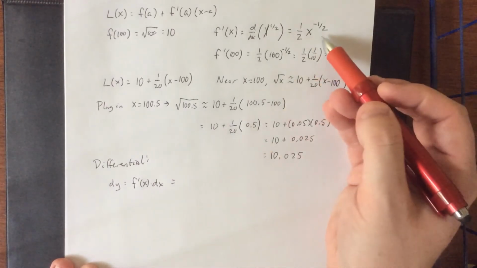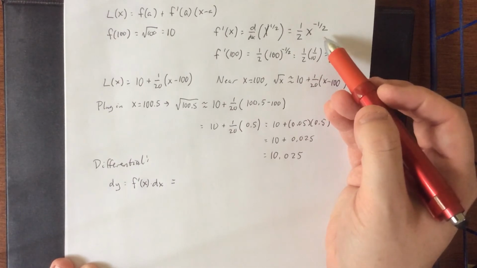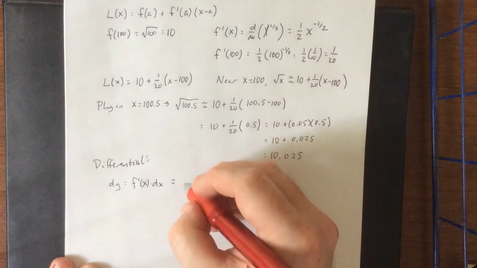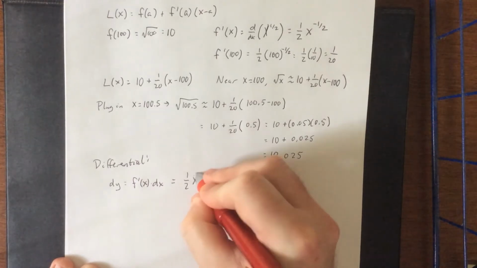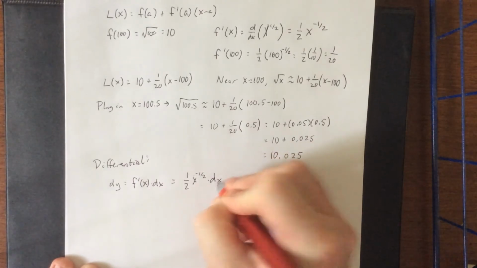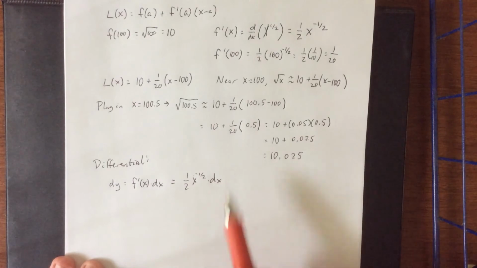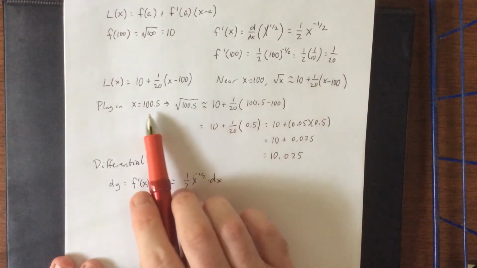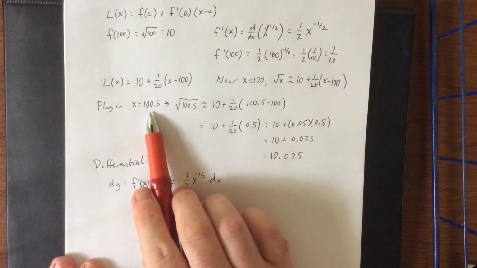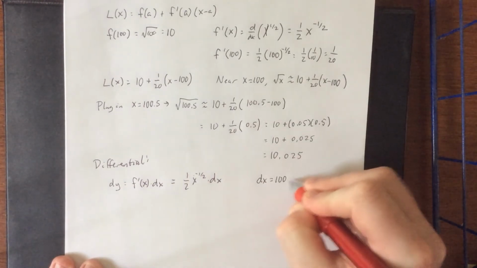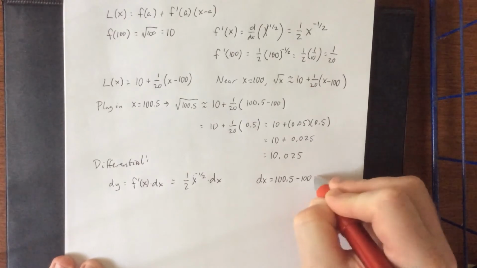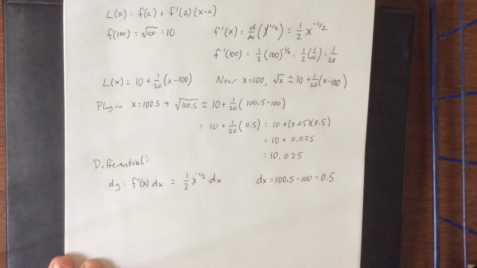Our derivative was 1/2 of x to the negative 1/2 power. So half of x raised to the negative 1/2 power times dx. Now since we're going from 100 to 100.5, the dx, or delta x, would once again be 100.5 minus 100, which would be equal to 0.5.